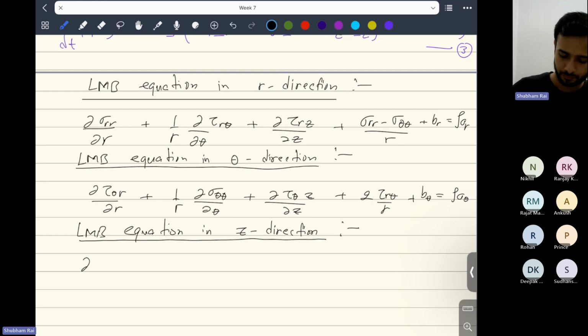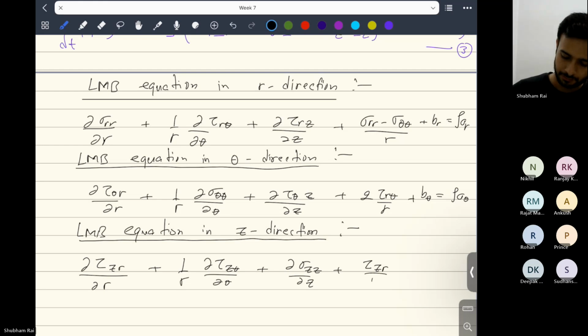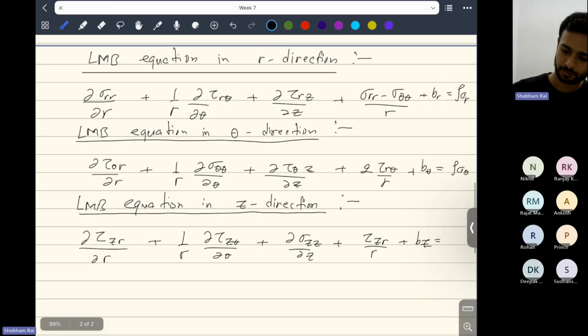So here you have del of tau zr, so rr will not come here, over del r plus 1 over r del of tau z theta over del theta plus del of sigma zz over del z plus tau zr over r plus b z is equal to rho a z.